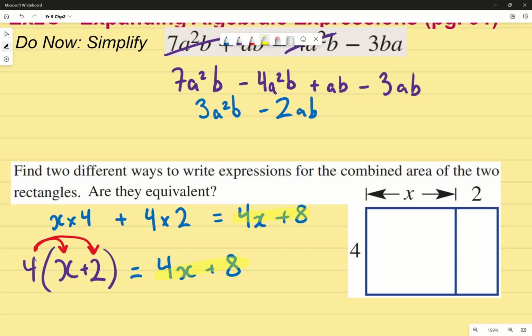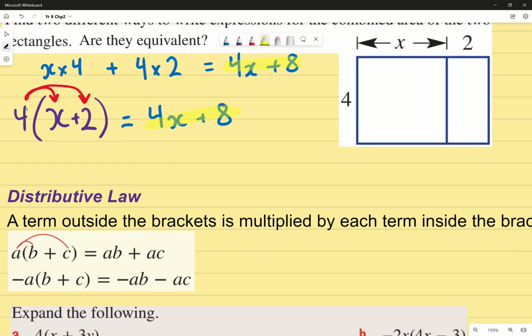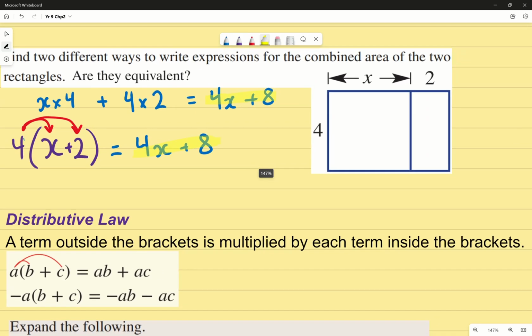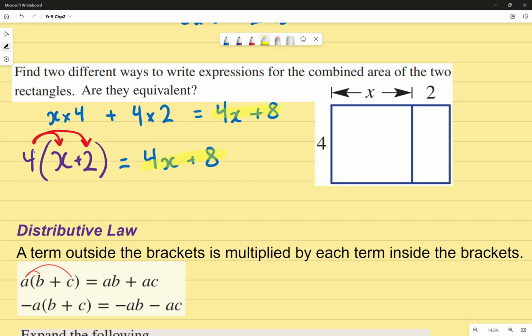Yeah? So when we're expanding, the key part is that if it's in the front, we multiply everything inside by that number, not just the front. This is the written formula for that. Can I get everyone to write down these words for me? Distributive law, and then this wording here. All good, Gabe?